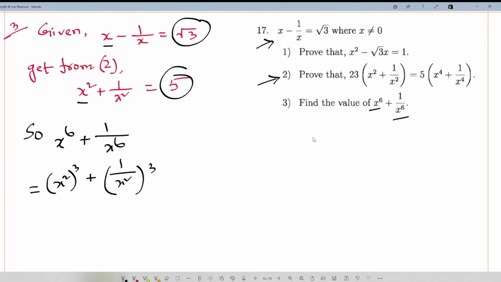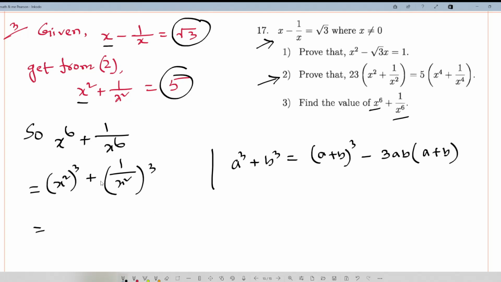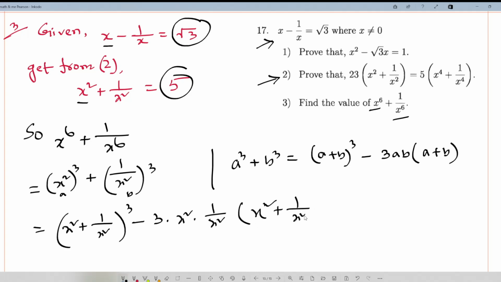So we know the rule a cube plus b cube, which is a plus b whole cube minus 3ab times a plus b. So similar thing we can keep here, this one is a and this one is b. So we can write x square plus 1 by x square whole cube minus 3ab, 3 times a, which is x square, and b means 1 by x square, times a plus b, it means x square plus 1 by x square.